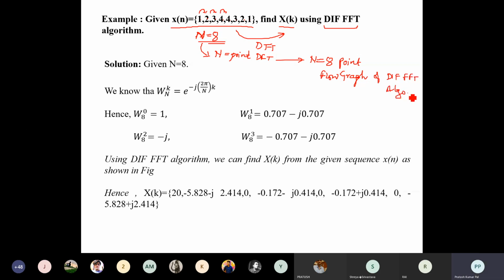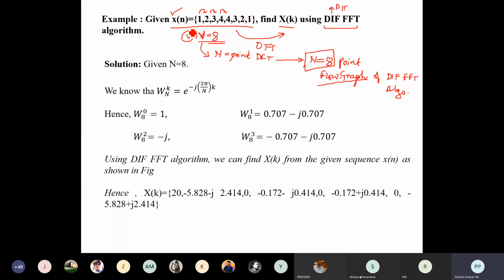FFT algo. Okay, so in the previous class we have seen what a flow graph is, and how the flow graph of N equals 8 can be represented in case of DIF, and in case of DIT also. So by using the N equals 8 point flow graph for the DIF FFT algorithm, we will be calculating the DFT of x of n, where capital N is equal to 8.